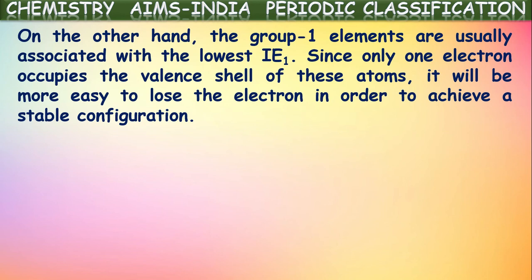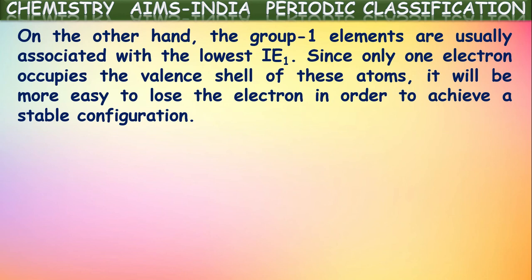So we can say these elements at the extreme left side of the periodic table, the alkali metals, have the least ionization potentials in a period. So if you take any period in the periodic table, the alkali metal has the least ionization energy and the noble gas has the highest ionization energy in that period.